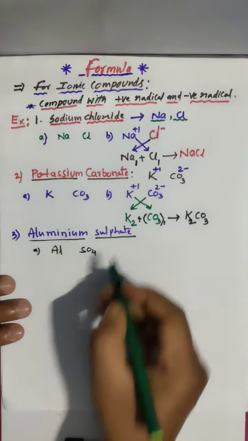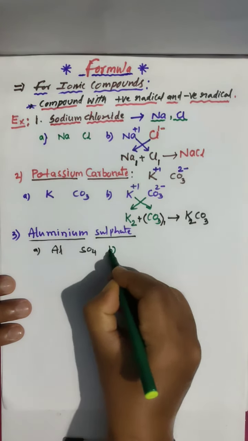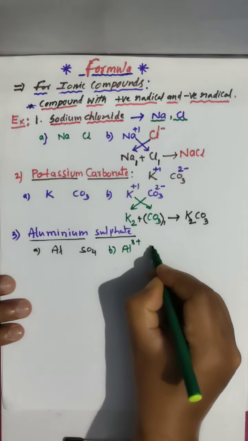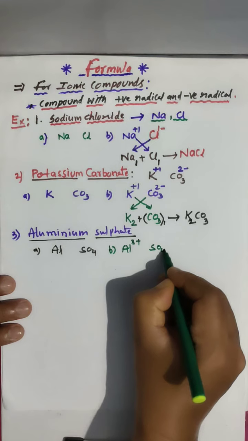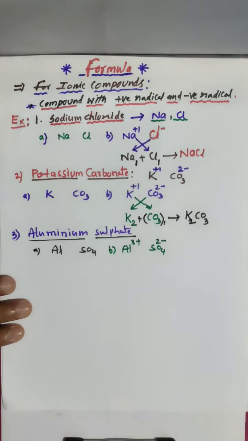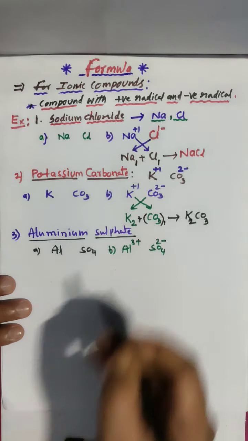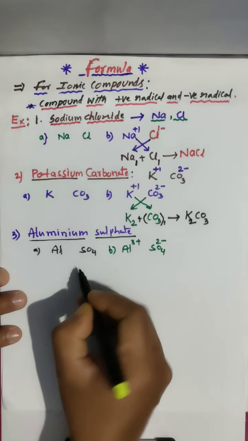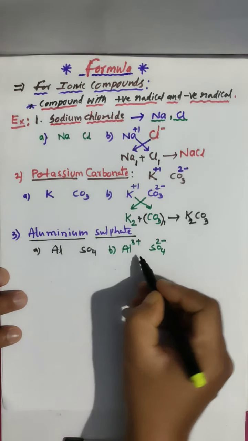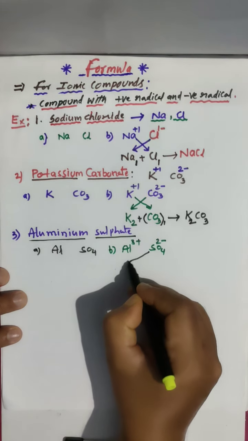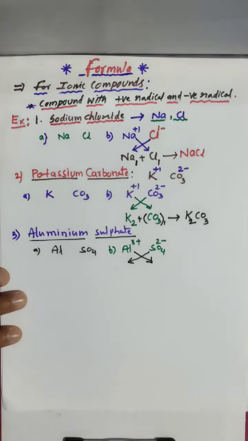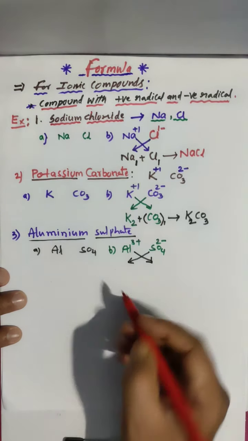Then step 2, we write their charges. Aluminium charge 3 plus, sulfate charge 2 minus. That's why I told you in the last class that radicals are very important. In the third step, what do we have to do? Crisscross. It means sulfate's charge for aluminium, aluminium's charge for sulfate. Clear?